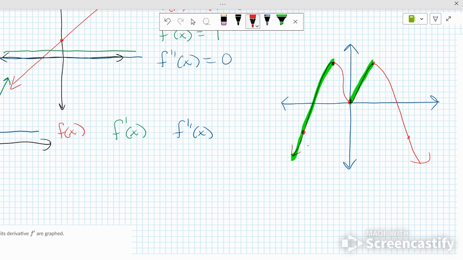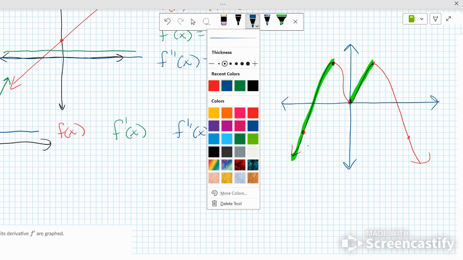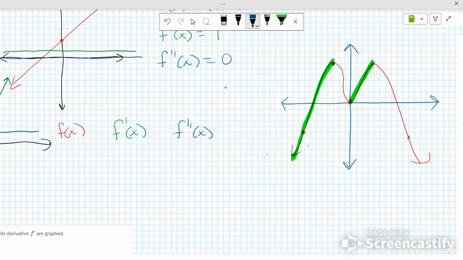I do know that from there to there, it's going to be somewhere like this, and then it's going to go like this, and then like this, and then like this again. Now, how did I know where it dipped below the x-axis and where it went back above the x-axis and where it dipped below the x-axis again?